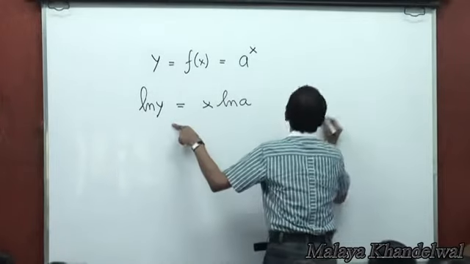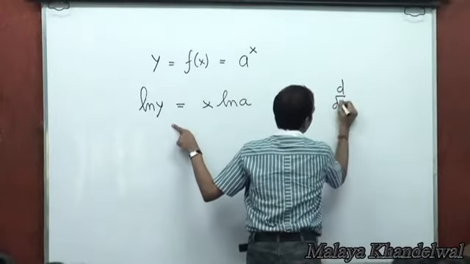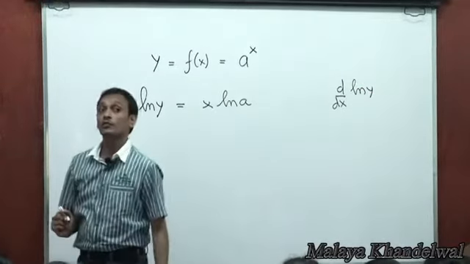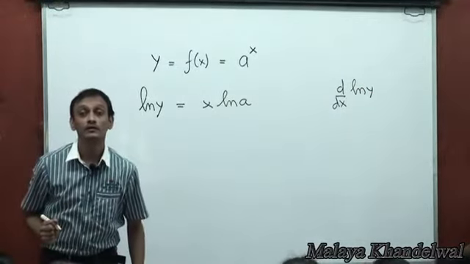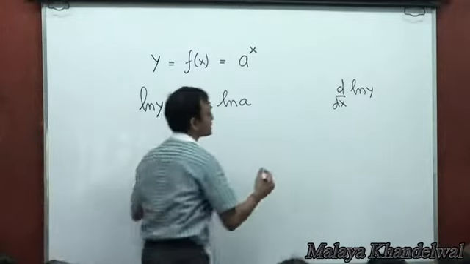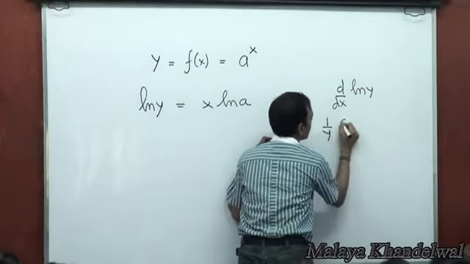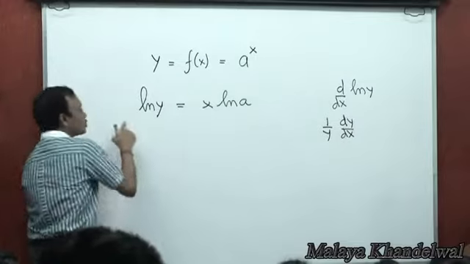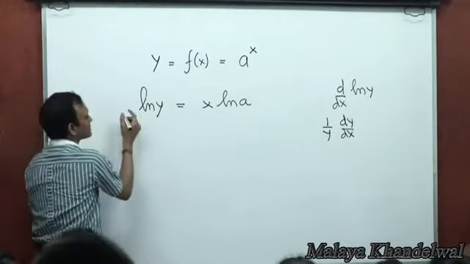Now, if I differentiate log y with respect to x, what do I get? 1 by y dy dx. So let me differentiate both sides with respect to x, right?